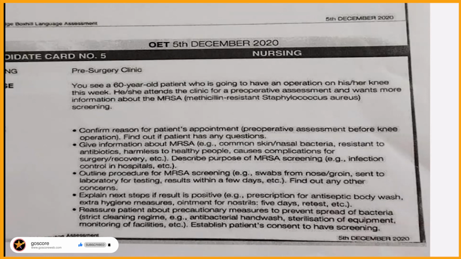In addition to that, we shall be using sterilization of equipment and monitoring. And we will also ensure that all the facilities are clean and hygienic. Can you just repeat it, please? And we will also ensure cleanliness and hygiene. That is enough.